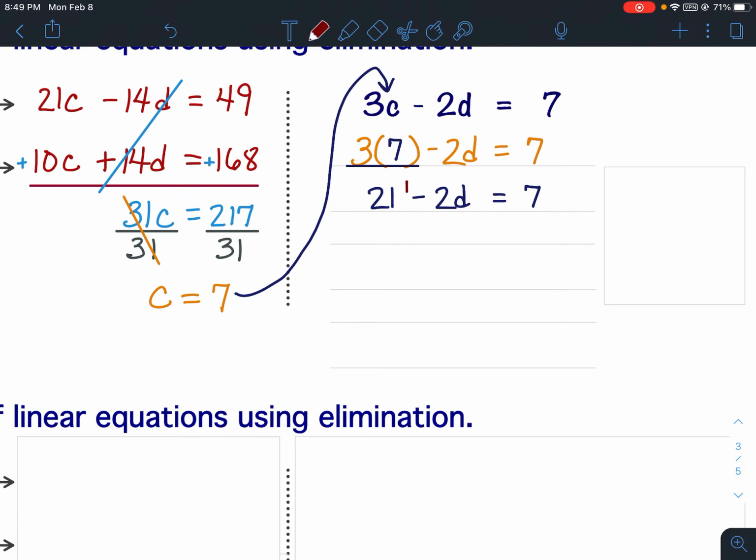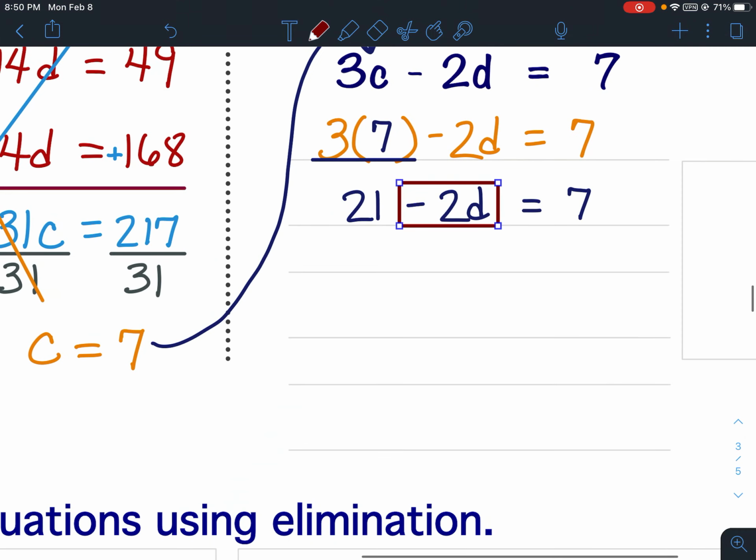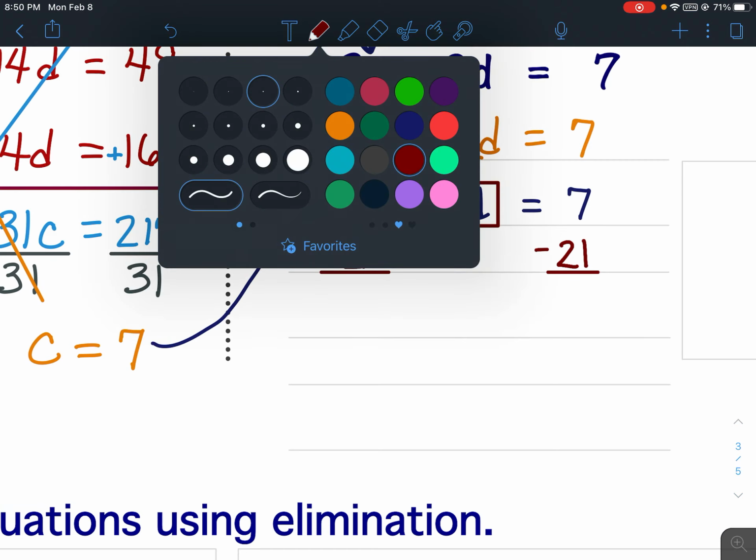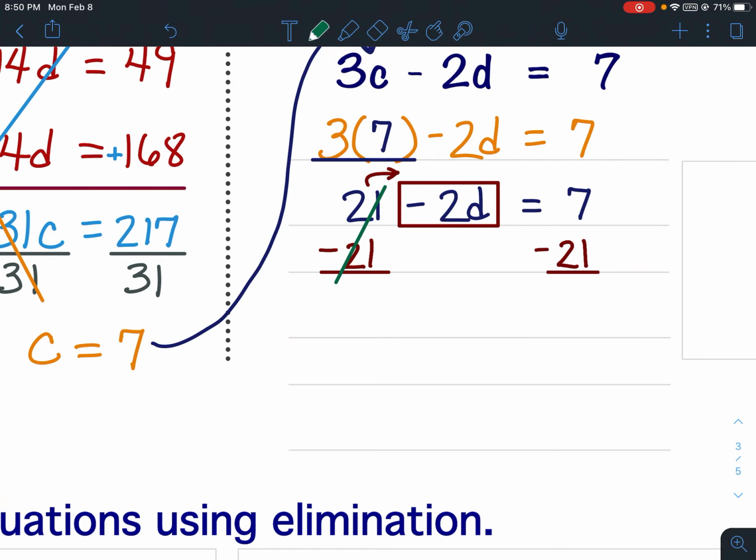It's a two-step equation, so if you want, you could box your variable term here. We're going to take the 21 to the other side of the equation. Since it's a positive 21, the inverse would be negative 21. So they would cancel. Bring down the negative 2d. 7 minus 21 is negative 14.